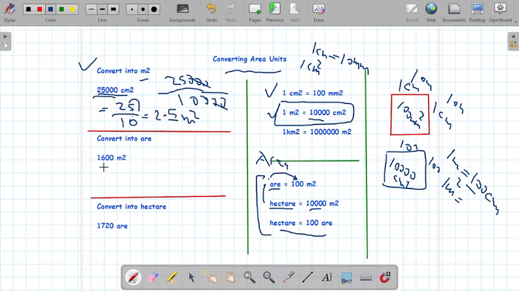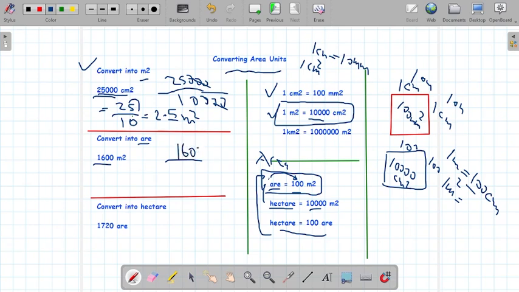Now let's try another thing. Now we are trying to convert into R. I need to convert this meter square into R. It means that I need to use this. I know that 1 R has 100 meters square. So when I convert from meter square, which is the small unit compared to R, I need to divide. Divide what?